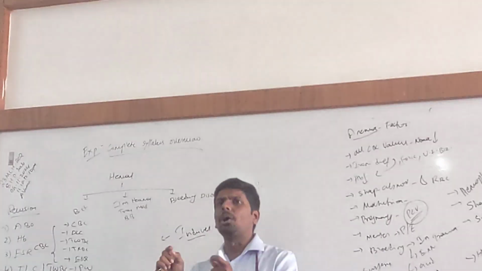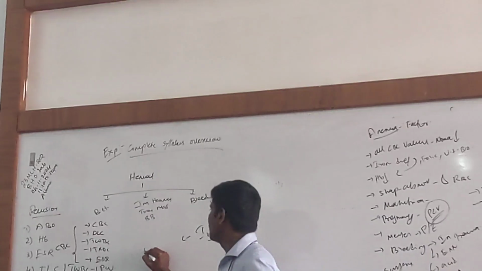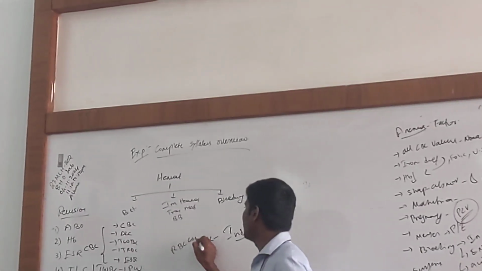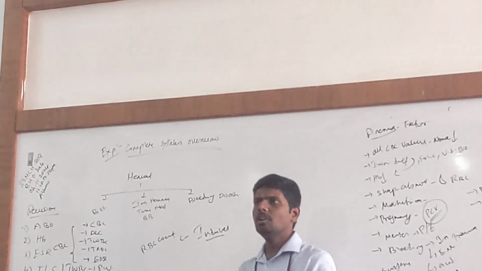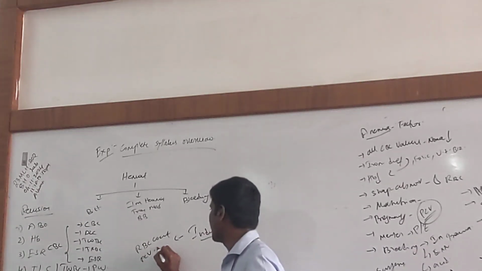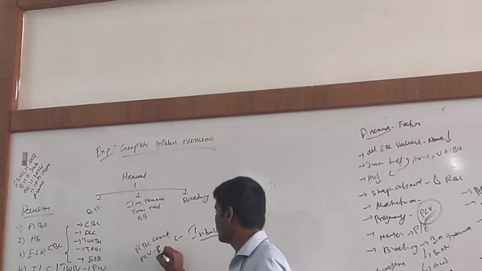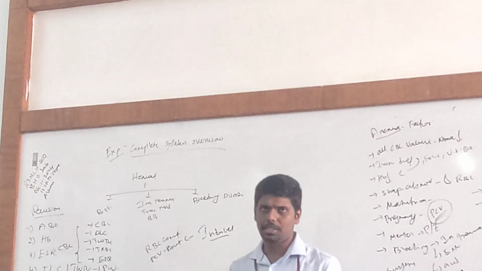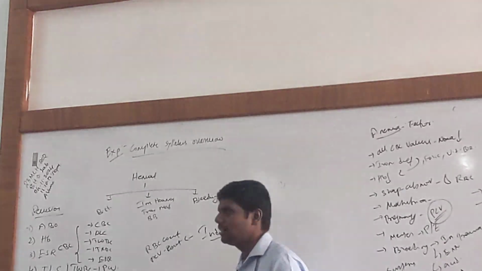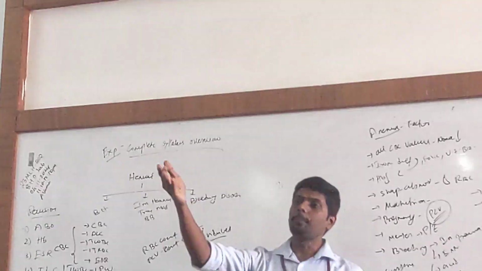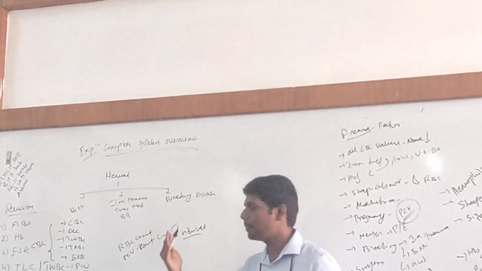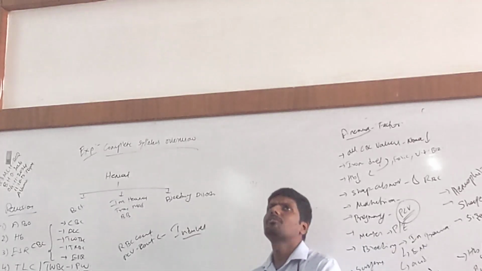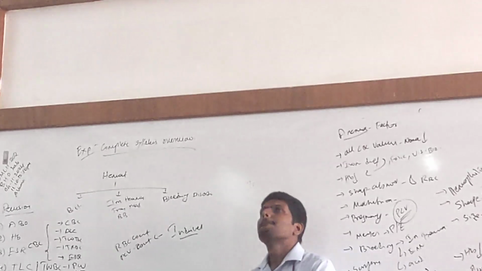Indices require the following data. You need the RBC count data of the patient. You need the PCV data of the patient. PCV count. And after PCV you also need an HB count.